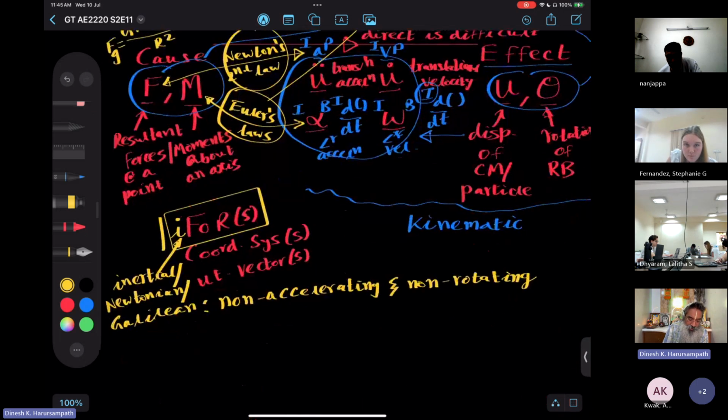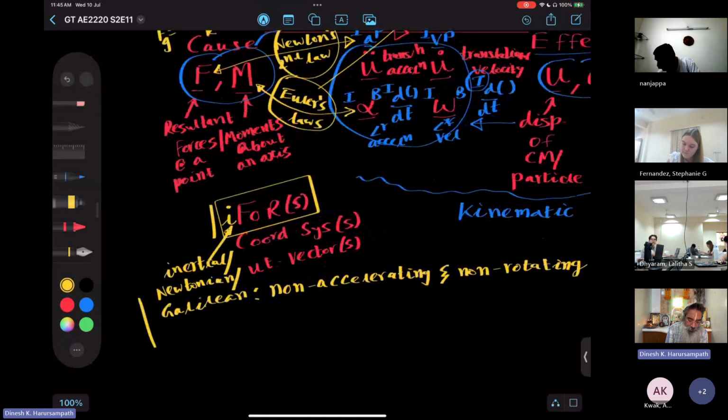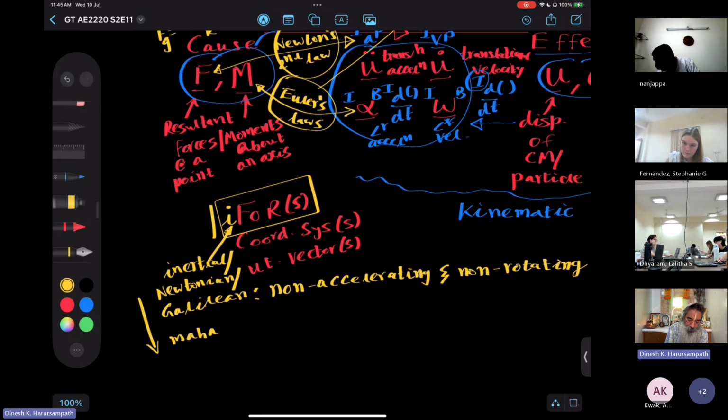So Galileo is, as far as the West is concerned, but I introduce you to one of the great works in the East, especially in India.